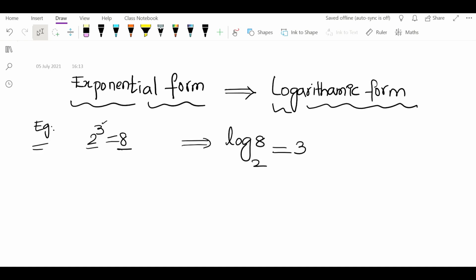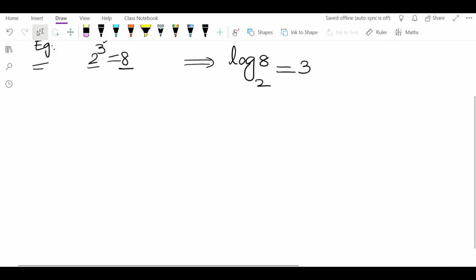Now we will discuss some more examples. Example 2. 5 to the power of 4 is equal to 625. 5 to the power of 4 means 5 can be multiplied by 4 times. 5 into 5 into 5 into 5. 5 5s are 25. 25 5s are 125. 125 5s are 625.